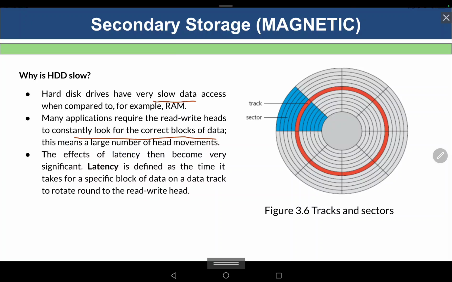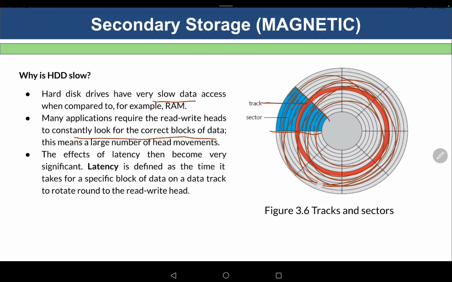A hard disk drive has sectors and tracks, and data are stored in these sectors and tracks. So every time the computer needs to obtain data, the head has to move a number of times until it obtains that data.